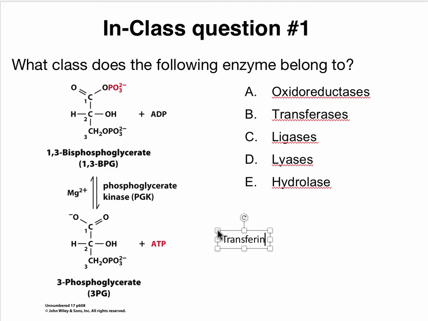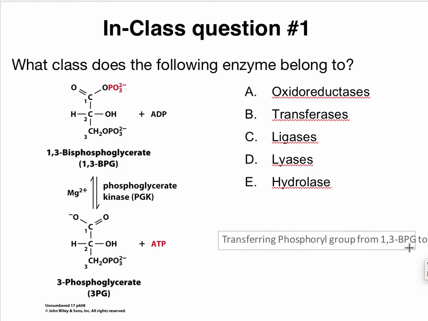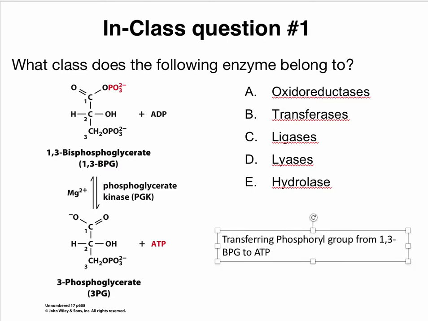From 1,3-bisphosphoglycerate to ATP, okay? Now because that transfer is occurring from our reactant, we can classify this now as a transferase, okay?